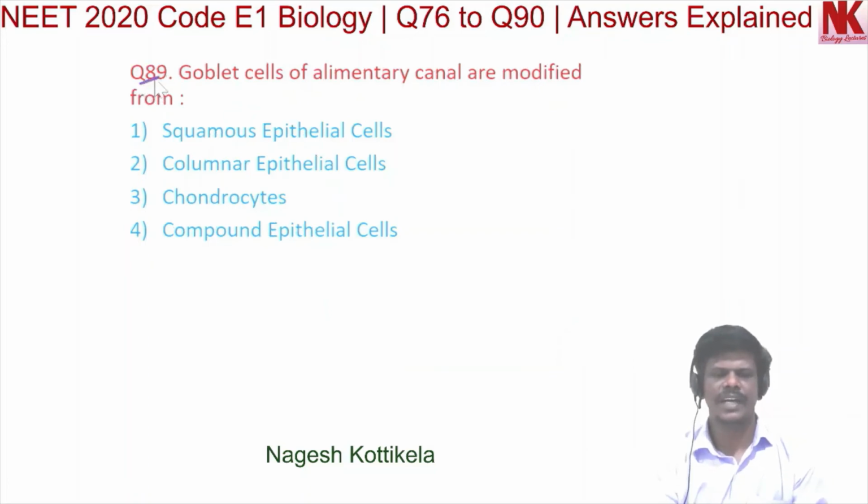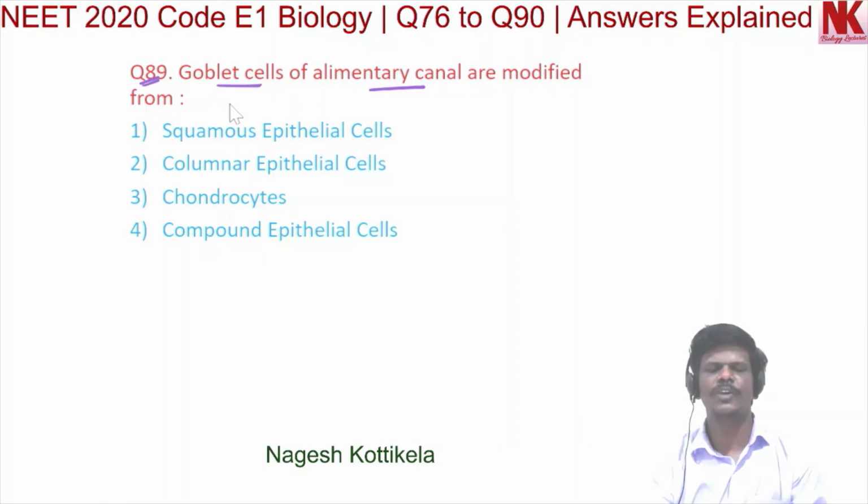Question 89. Goblet cells of alimentary canal are modified from option 1 squamous epithelial cells, option 2 columnar epithelial cells, option 3 chondrocytes, option 4 compound epithelial cells. Among the given options, second option is the more appropriate option.